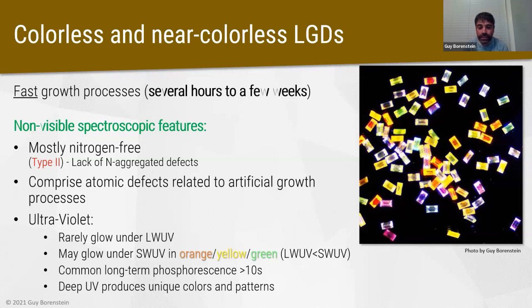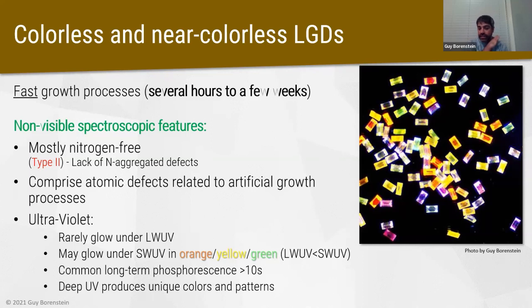And most importantly, the short wave will always be stronger than the long wave. Sometimes it will be the same intensity, but you won't find a lab-grown where the long wave is stronger than the short wave, and you will not find blue glow under these sources.